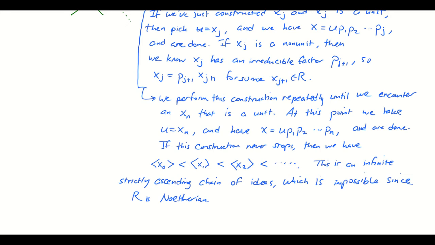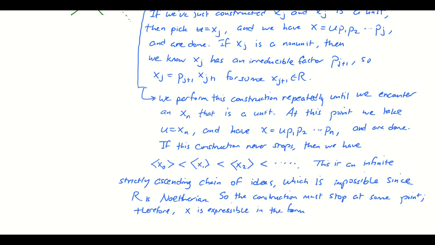So this means the construction must stop at some point. Therefore, x is expressible in the form x equals unit times irreducibles. And that's the proof.